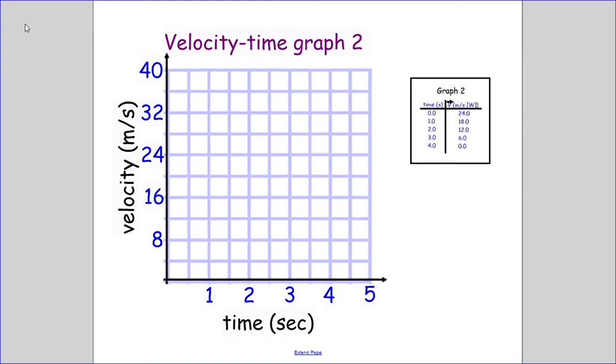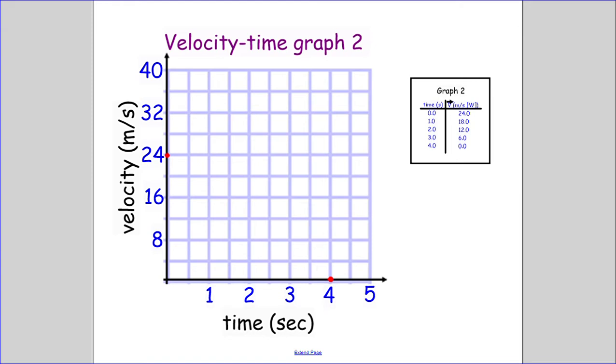Our second graph, I'm going to go through and do the same thing. So I've got 0, 1, 2, 3, 4 for my time, but this time I'm starting at 24 at 0. So 0, 24, and then I'm moving my way downward, heading down to 4 and 0 down here.